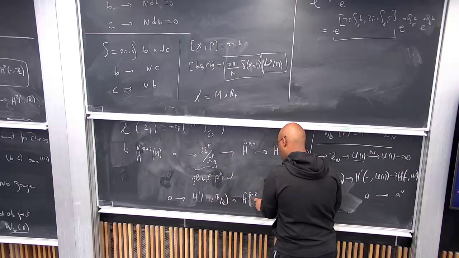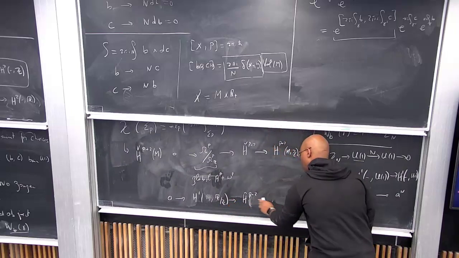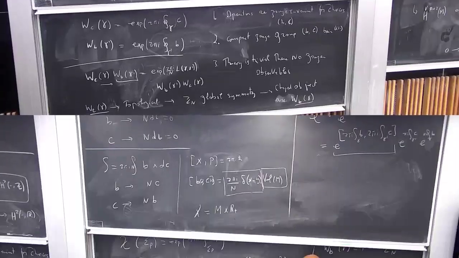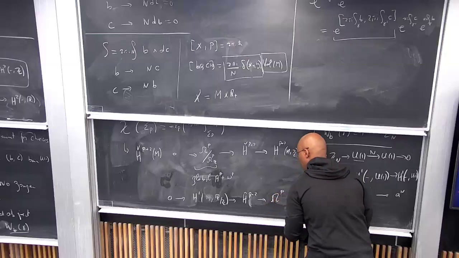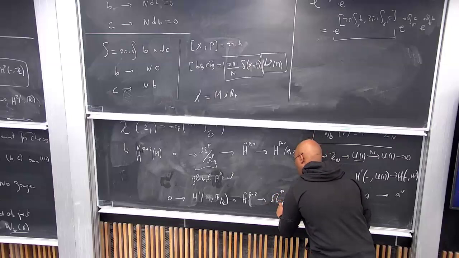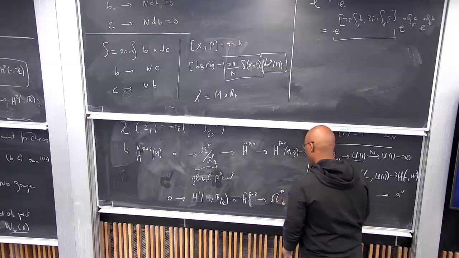Right? So then these will project to a de Rham class, where this is not a de Rham class, but omega_P that are integrally quantized. Goes to 0.